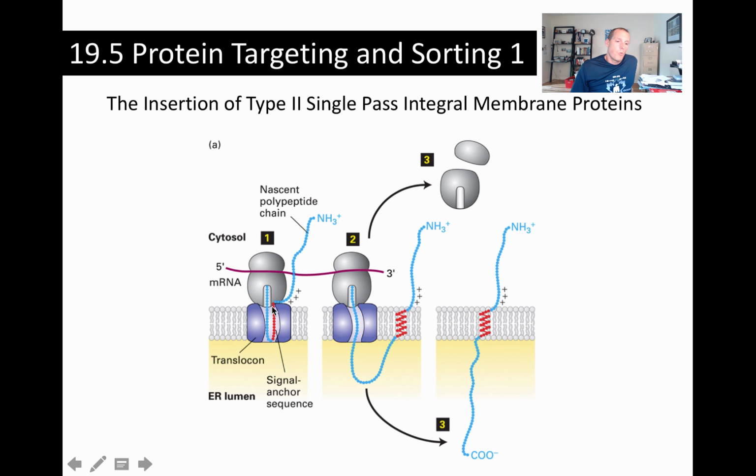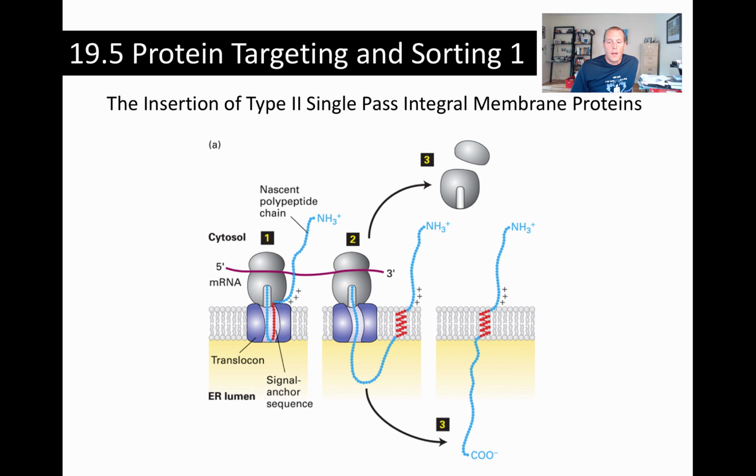Then as we continue translation through the translocon, the carboxy terminus ends up on the inside, and we have this mechanism where the transmembrane segment is pulled out of the translocon and into the membrane. A lot of this is determined by this run of positively charged amino acids interacting with the ER lumen surface.